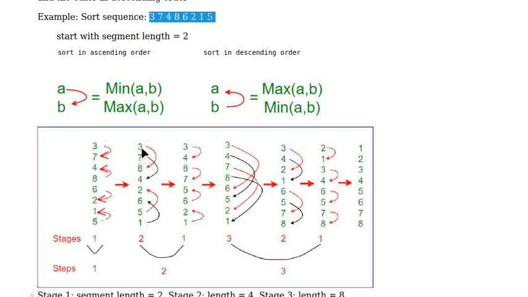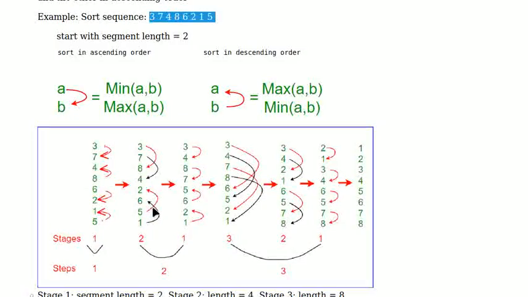We concatenate them to form a Bitonic sequence 3, 7, 8, 4. And this also forms a Bitonic sequence. Now we sort these two Bitonic sequences. This one is in ascending order, and this one is in descending order.